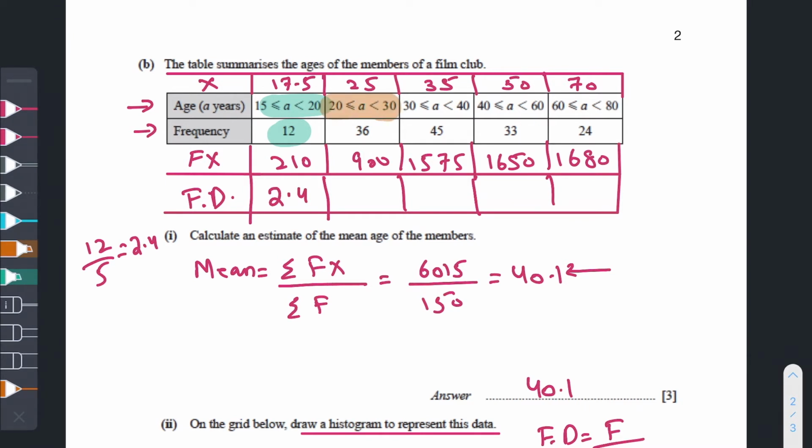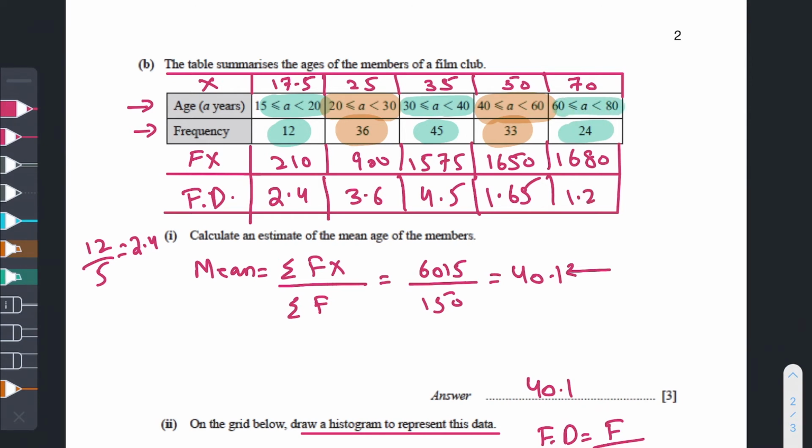The frequency is 36 and the class width is 10. You divide 36 by 10, you get 3.6. Then you do the same for the third one. You have frequency of 45 and the class width of 10. So your frequency density becomes 4.5. Then for the second last one, you divide 33 by 20. When you divide 33 by 20, you get 1.65. And for the last column, you divide 24 by 20 again. When you do that, you get 1.2.